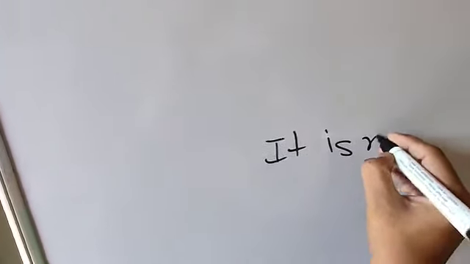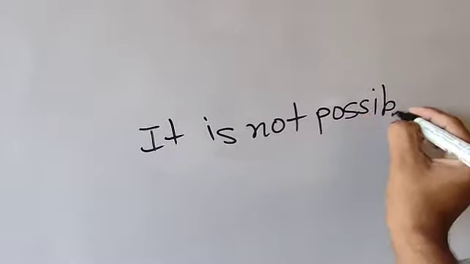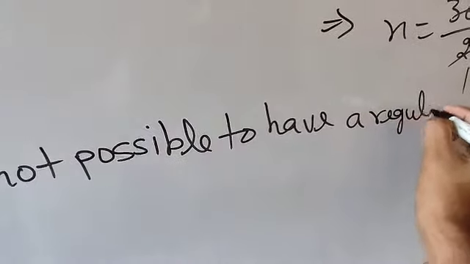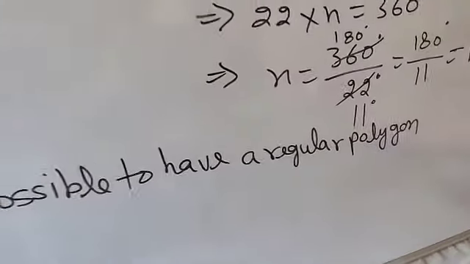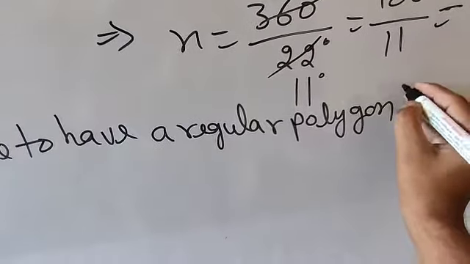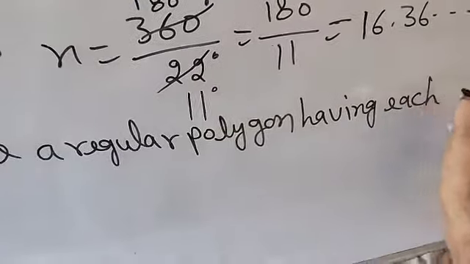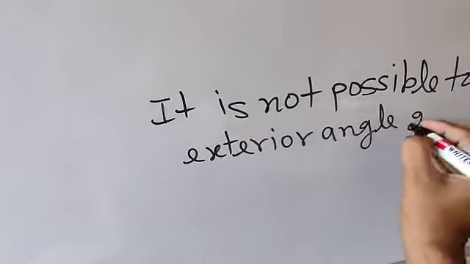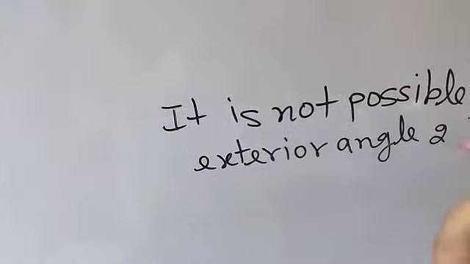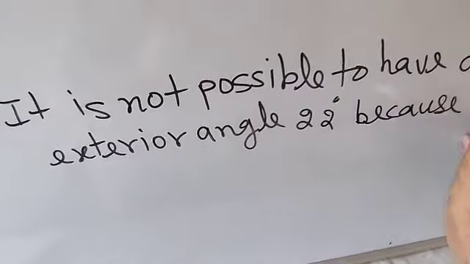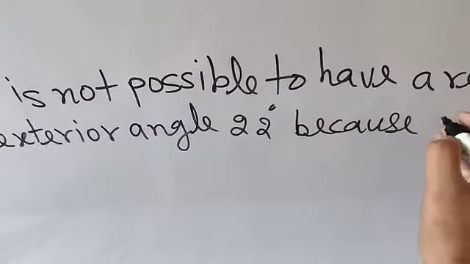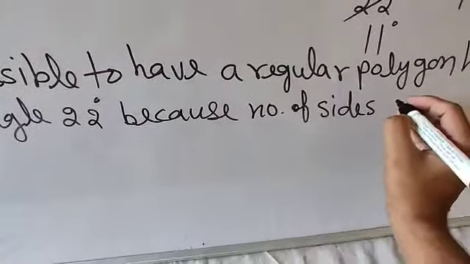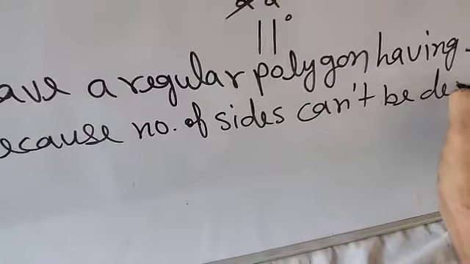It is not possible to have a regular polygon having each exterior angle 22 degrees, because the number of sides can't be a decimal.